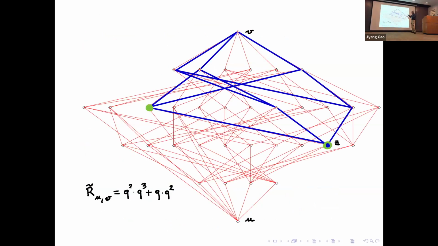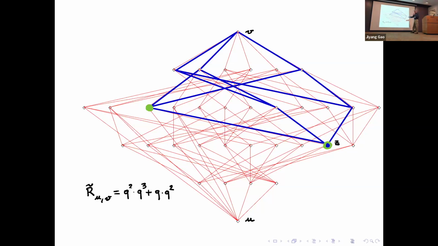Here's an example. Here's your U and V. This is a rank 5 interval in a symmetric group. This interval has 9 joint hypercube decompositions, so I've chosen one, this Z here, painted in green and blue. I painted blue all the edges inside the subinterval ZV. So now I look for the shortcuts. This is always a shortcut, and in this case, there's only one other one, this vertex painted green.